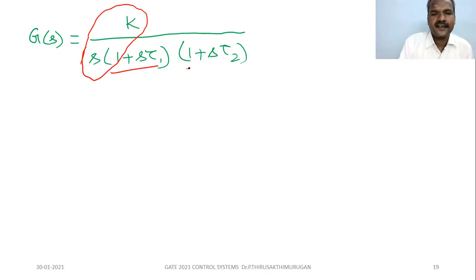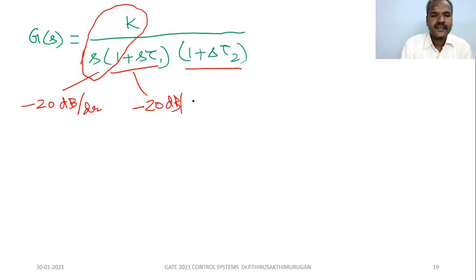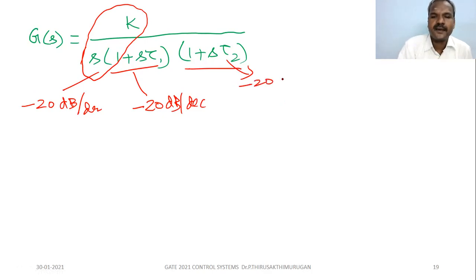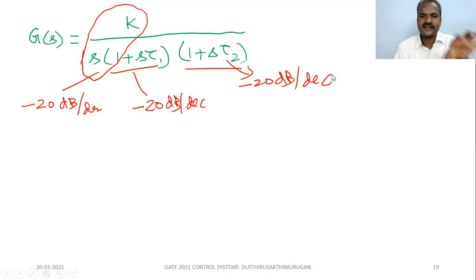This is another factor. This is another factor. We consider K by s is having a slope of minus 20 dB per decade. At this corner frequency 1 by tau 1, the slope change occurs. It contributes minus 20 dB per decade. Again, at this corner frequency, another slope change occurs. So minus 20, minus 40, minus 60. It goes up to minus 60. So this also is minus 20 dB per decade. Understand? Very easy to understand the concept.